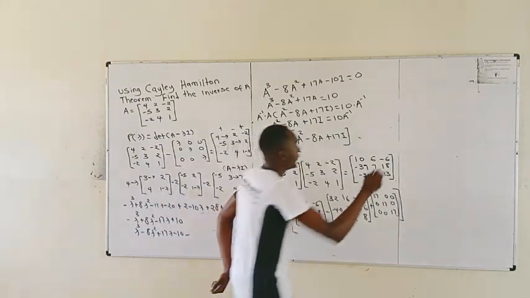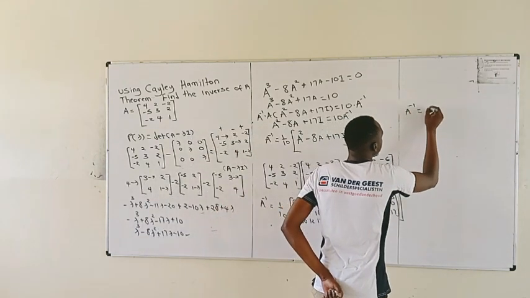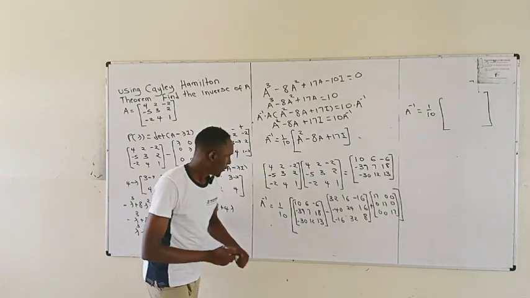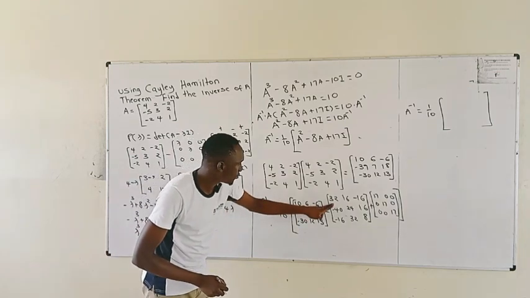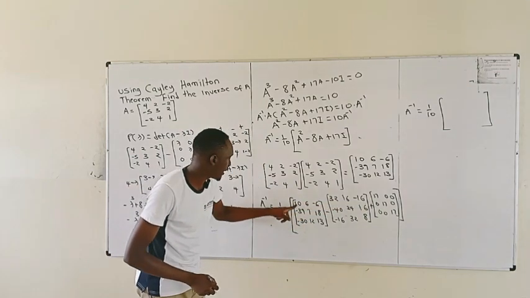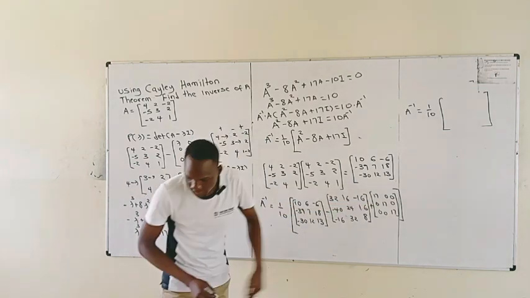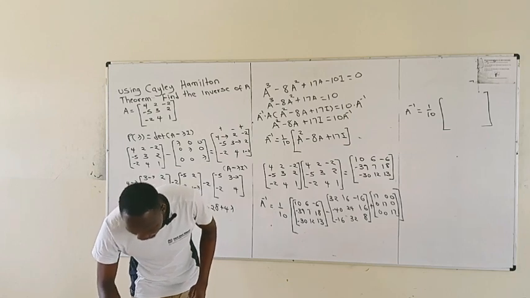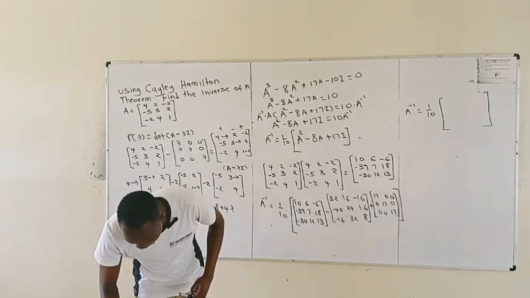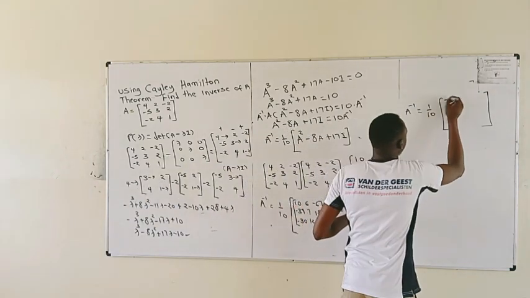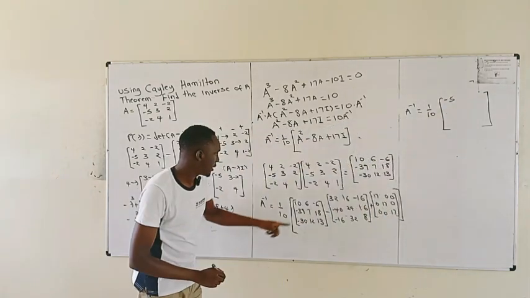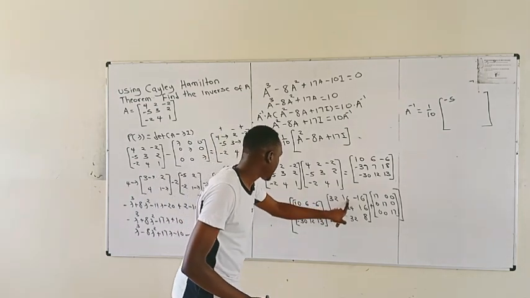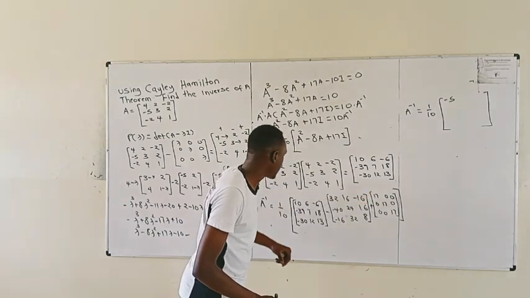Now here we have A inverse is equal to 1 over 10 into, we have 10 minus 32 plus 17, which will give us negative 5. Then we have 6 minus 16, which is minus 10, plus 0.